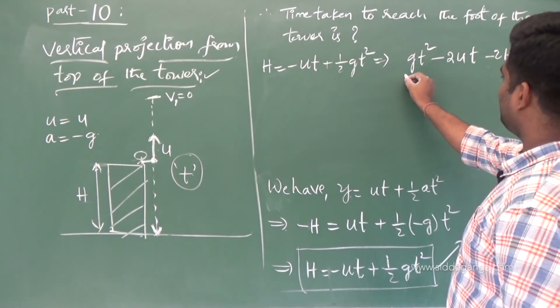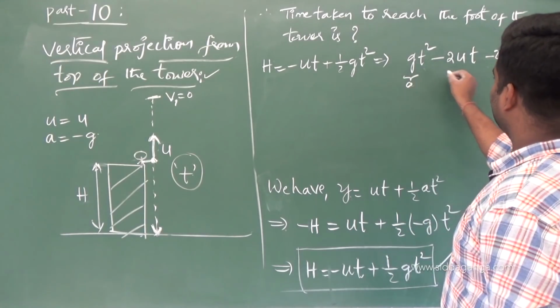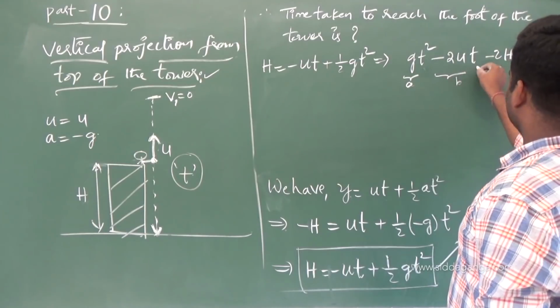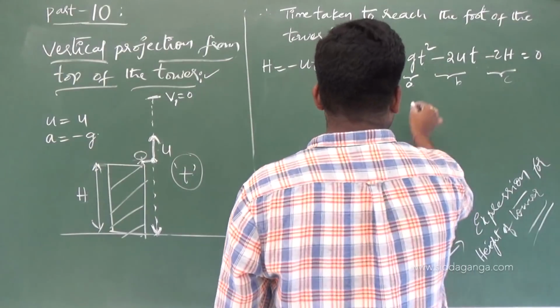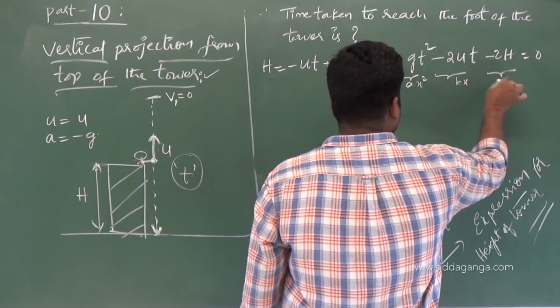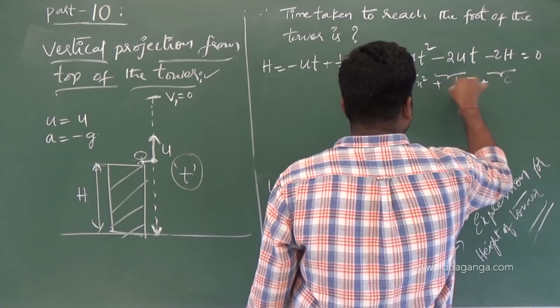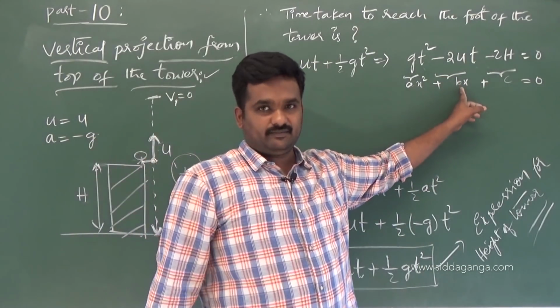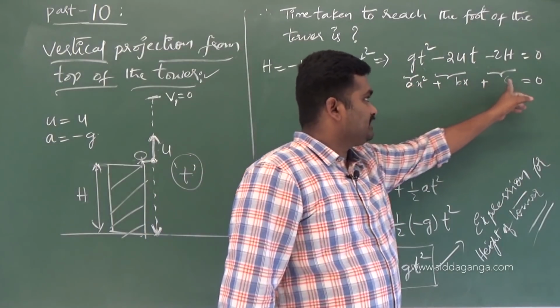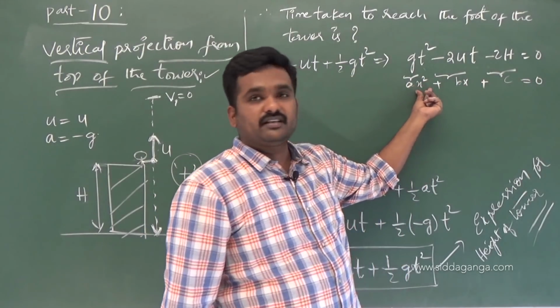This equation is in the form of ax square plus bx plus c equals 0. What does this expression represent? This is a quadratic equation in x, we are aware. Ax square plus bx plus c equals 0 is a quadratic equation in x.